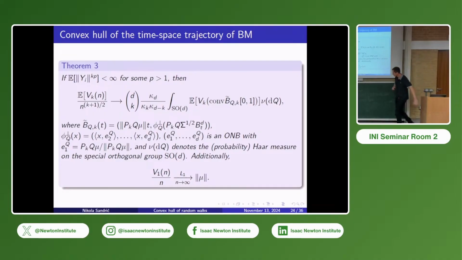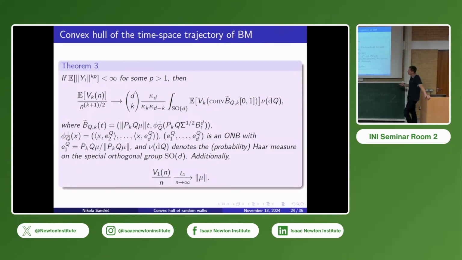We take this formula here. Similarly as before, we need to make a transformation of our coordinate system. So at the beginning we fix that we are interested in the k-th intrinsic volume. So we fix an arbitrary k-dimensional subspace.